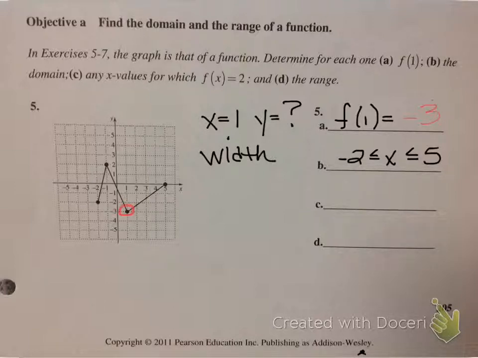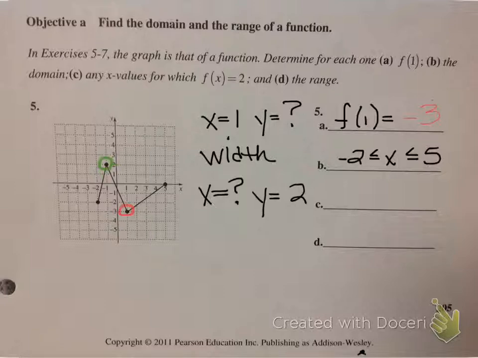C says any x values for which f of x equals 2. So this one is the opposite of the first part. We don't know the input, we don't know the x, but we know that the output, or the y value, is 2. So now go to your graph. And where does the y equal 2? Well, here's y 2, so this point right here has a y coordinate of 2.